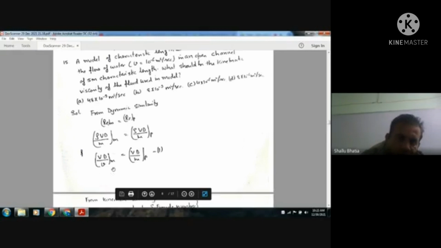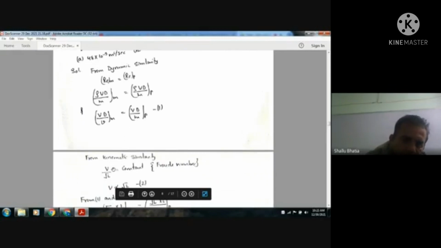So using kinematic similarity, according to the Froude model, v by root L is constant. So v is proportional to root L, where L is the characteristic length, and d is also a characteristic length.